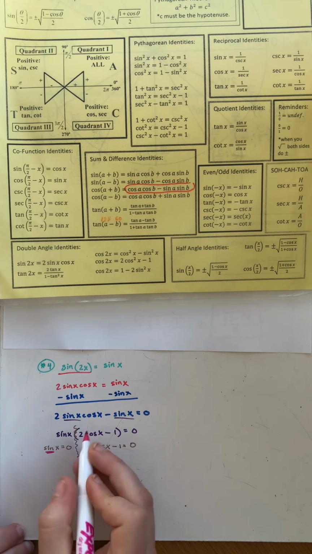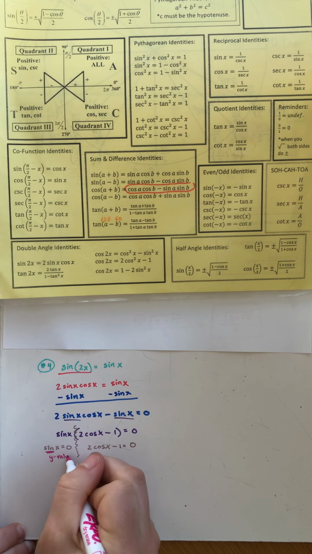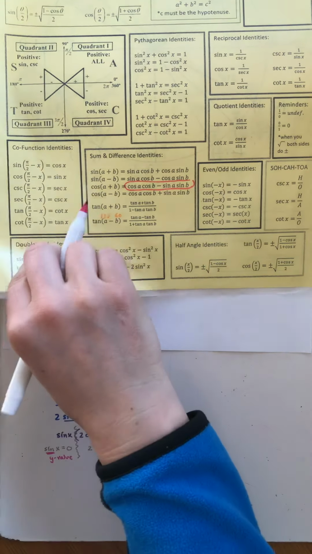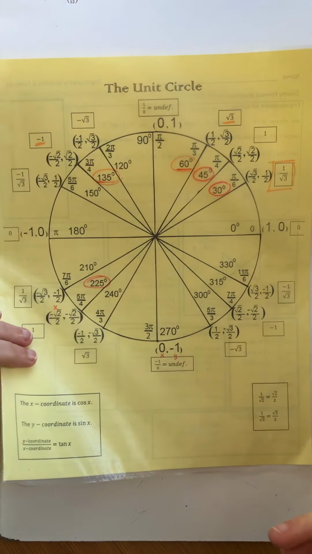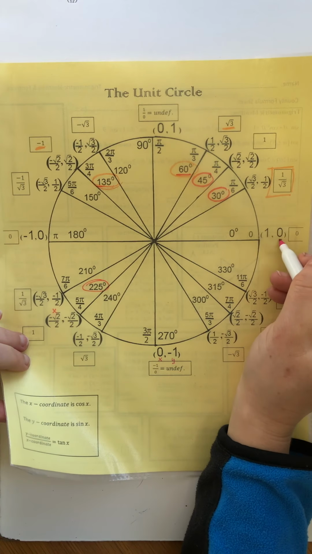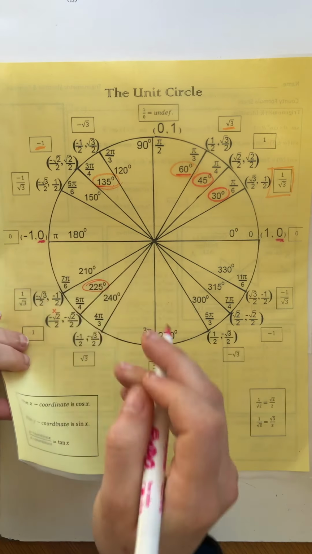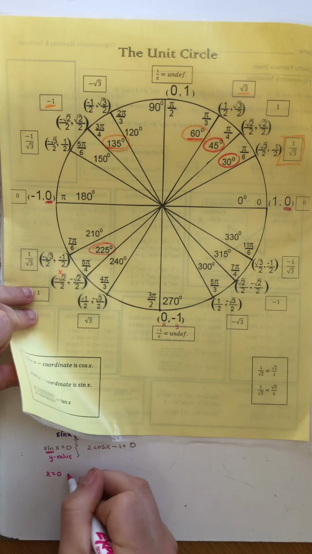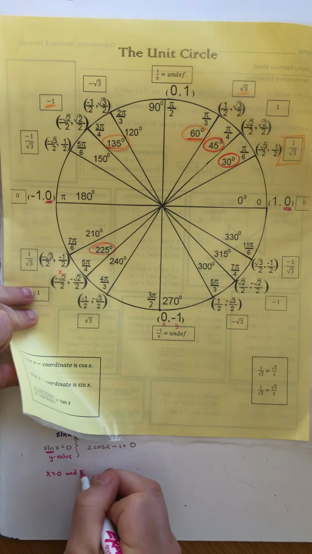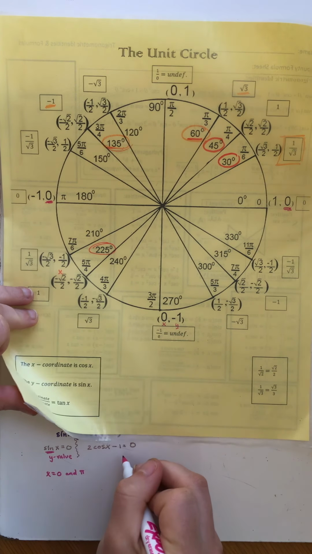Now sine is the y value. So for sine x equals 0, I'm looking on my unit circle, I'm looking where is the y value equal to 0. That is at 0 and pi. Two cosine x minus 1 equals 0.